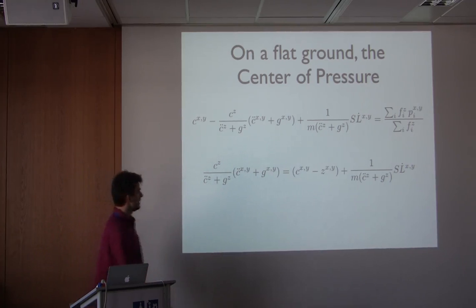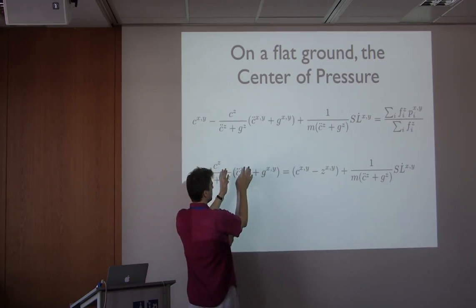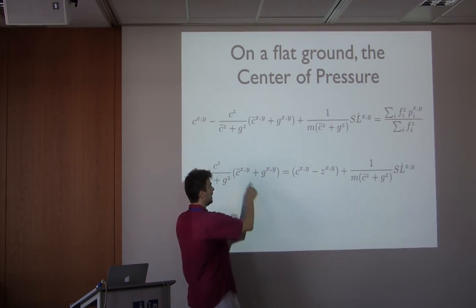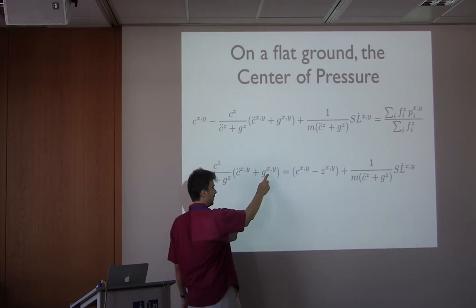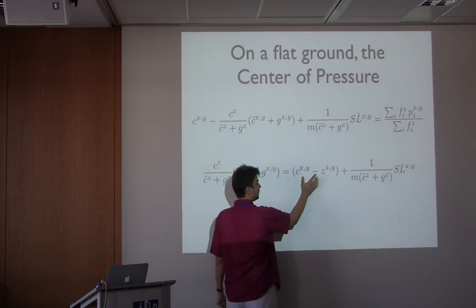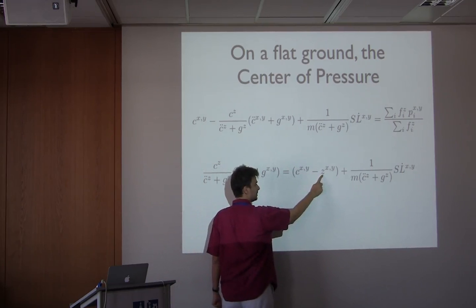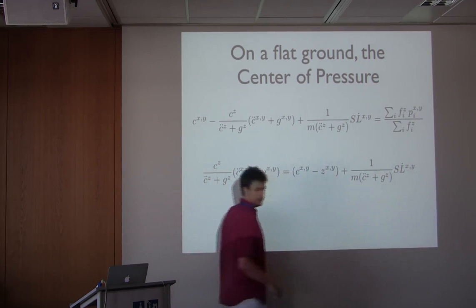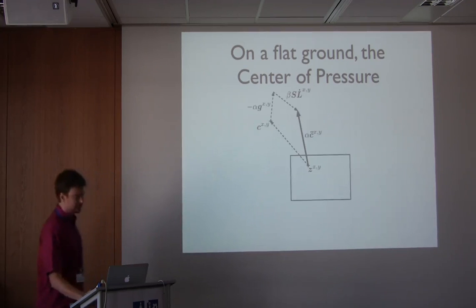So here you can see three terms. One is acceleration: this acceleration of the center of mass parallel to the ground is related to gravity, to this vector between the position of the center of mass and the position of the center of pressure, and then the angular momentum. So you can visualize this here.